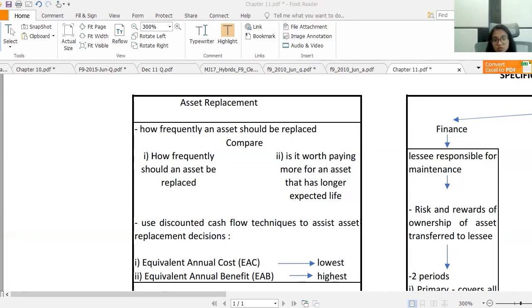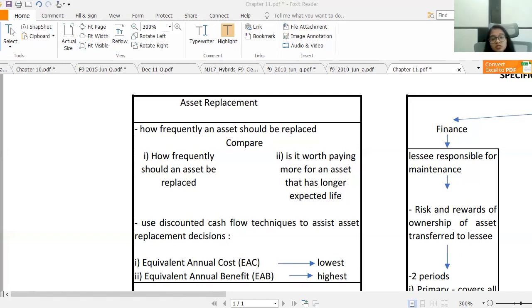You will use the equivalent annual cost and compare which is the higher cost, whether the cost to replace is higher or not. If the cost to replace an asset is higher, you will choose to keep it until the replacement cost is much lesser. Okay, now the next one.